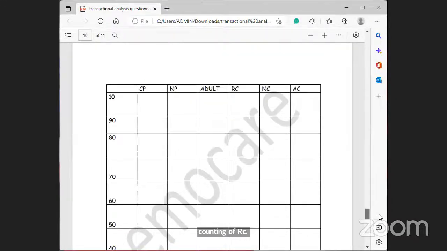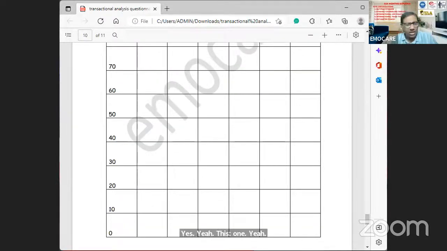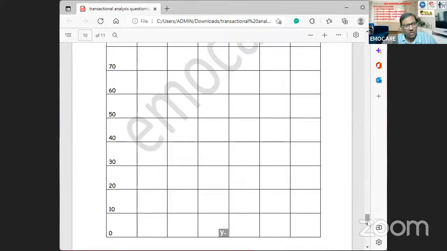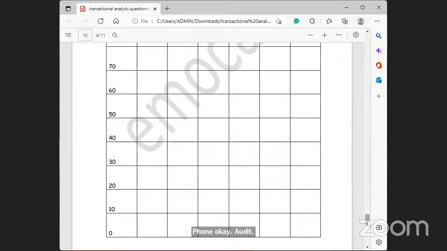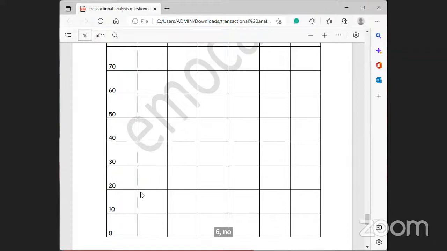See, this graph is nothing. Suppose, for example, Pramod, what is your score in parent? Parent is 4, sir. Adult is 5 and child is 6. Make it 40, 60, 80. RC is 2, AC is 4, and NC is 6.